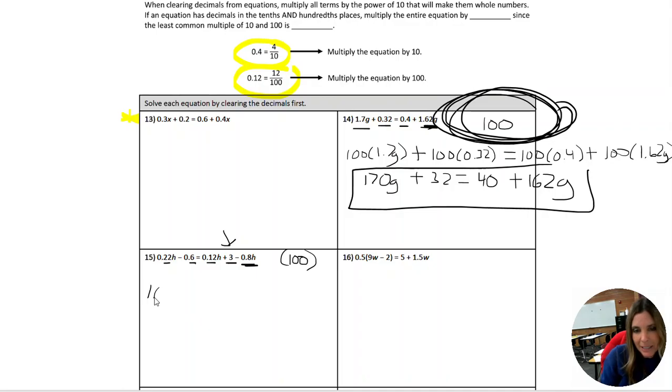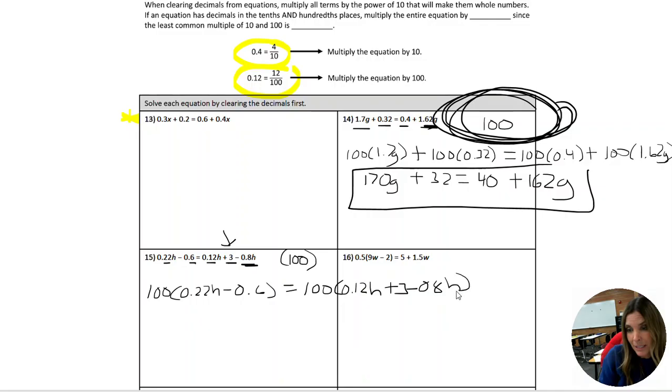So basically I can take and multiply everything on the left side by 100. And I can take and multiply everything on the right side by 100. And what that's going to do is give me an equation that doesn't have any decimals in it.